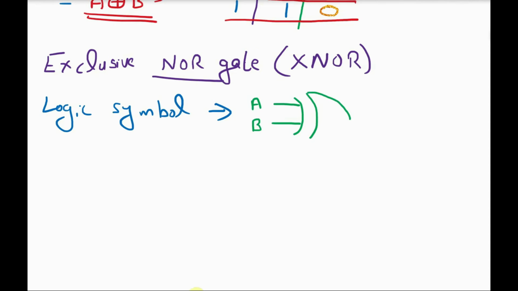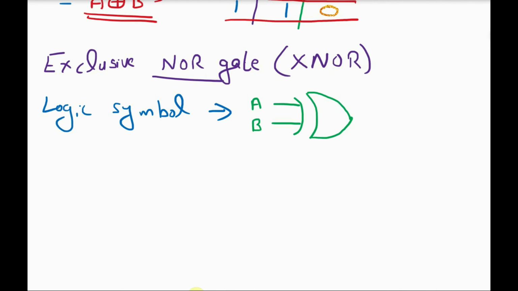We have drawn the XOR gate like this. Exclusive NOR gate is negating the exclusive OR gate. XNOR gate is negating the XOR gate. That means taking the opposite of XOR gate. So this is the XOR gate, and we have to invert it.